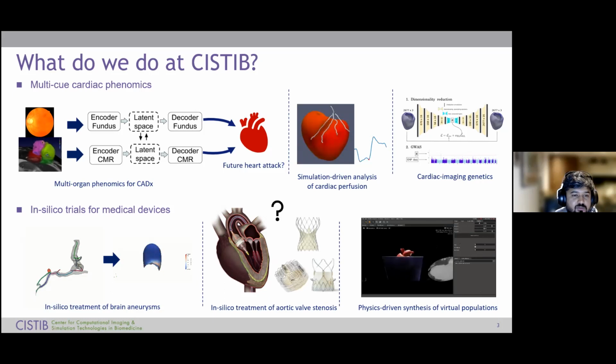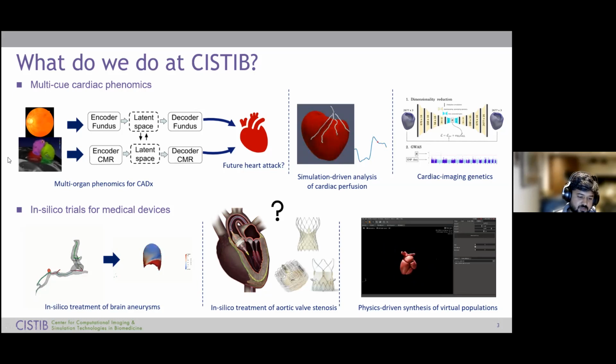And a part of today's talk will focus on a recent study that we participated in, where we looked at whether we could identify patients at risk of future heart attacks based on learning information from cardiac images and retinal images, believe it or not. But we'll get to this in a little bit more detail later on.